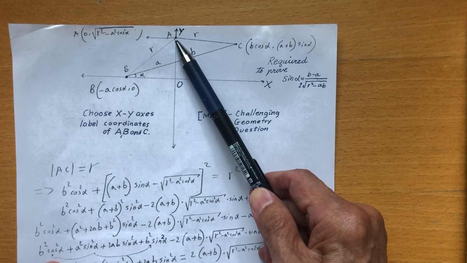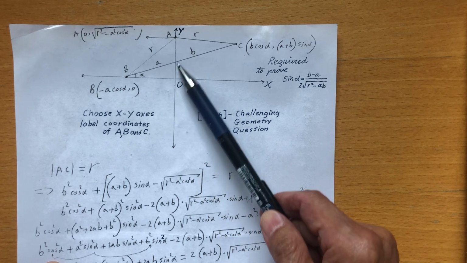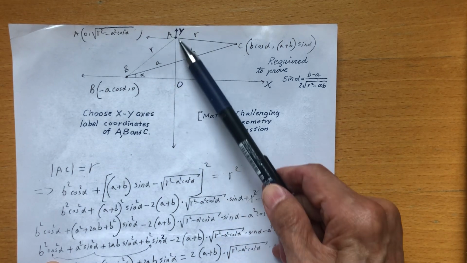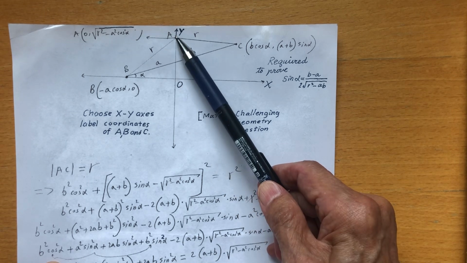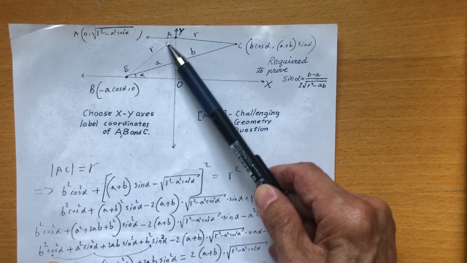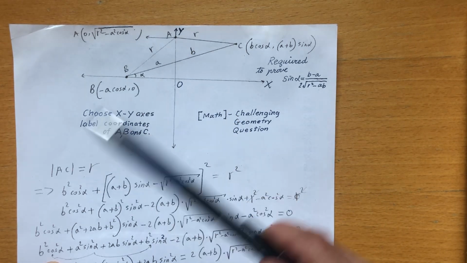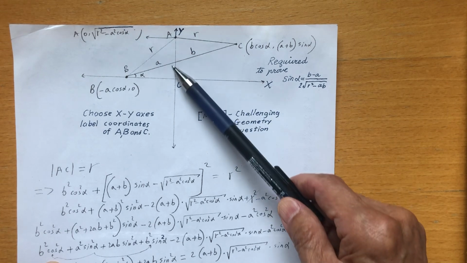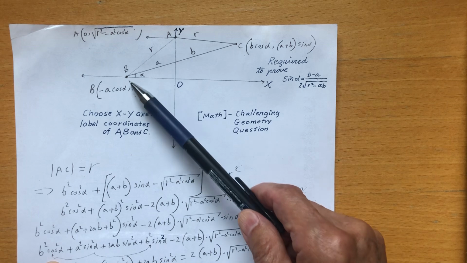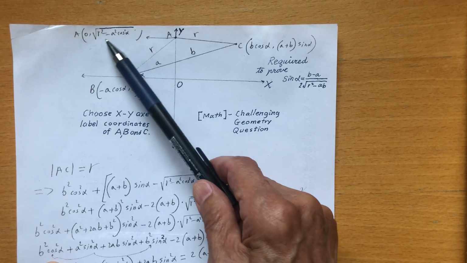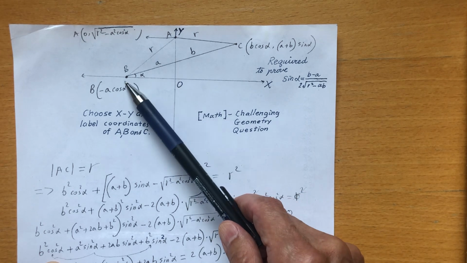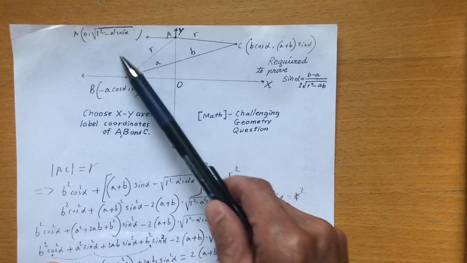So the y coordinate, using this triangle and the Pythagoras theorem, the length of this side is the square root of the square of this side plus the square of this side, which is R squared minus A cosine alpha squared.